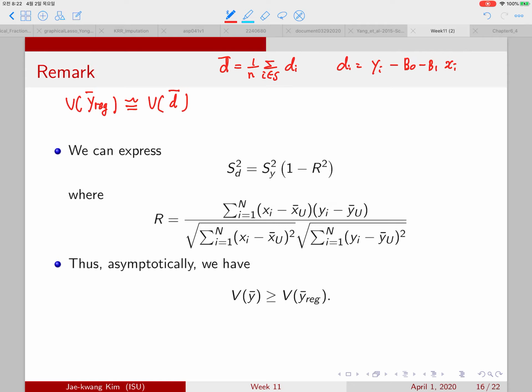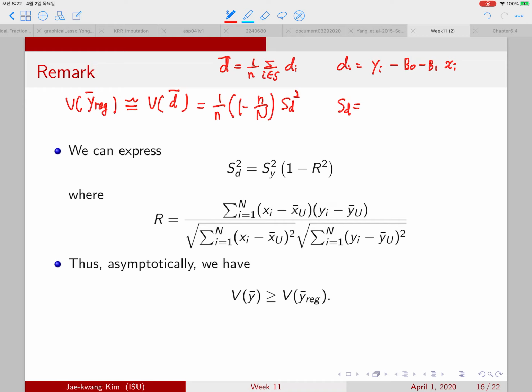And now, that is 1 over n, 1 minus n over capital N, S_D square.